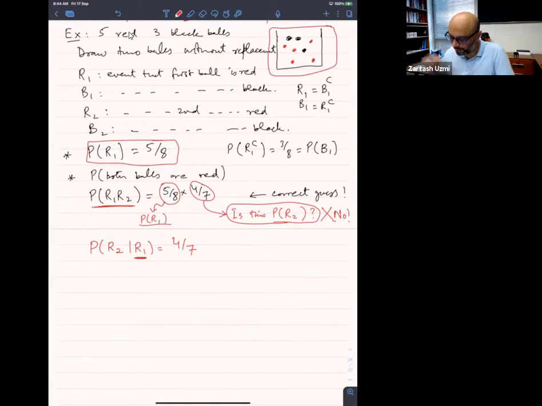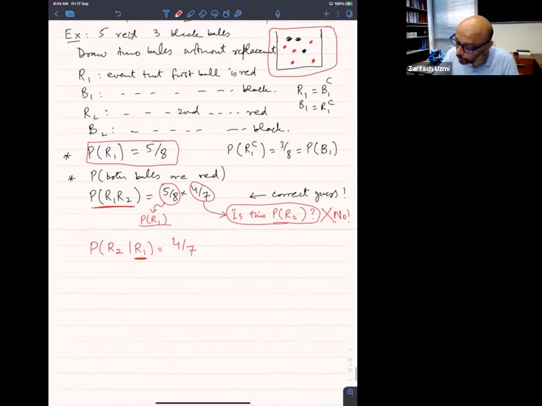Take out a red ball from here, then see, 4 red remain and 3 black remain. So the probability of another red is going to be 4/7. So this is the probability of R2 given that the first ball was red.